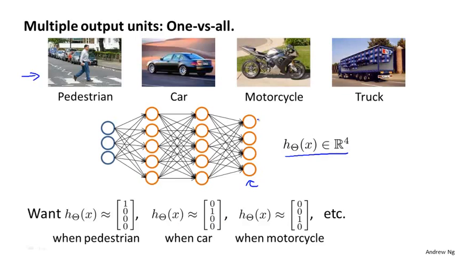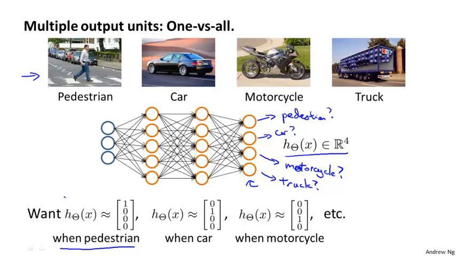What we're going to try to do is get the first output unit to classify: is the image a pedestrian, yes or no. The second unit to classify: is the image a car, yes or no. This unit to classify: is the image a motorcycle, yes or no, and this to classify: is the image a truck, yes or no. And thus, when the image is of a pedestrian, we would ideally want the network to output 1000.